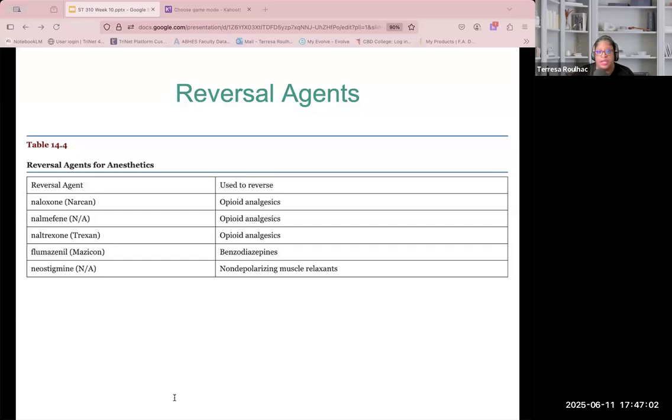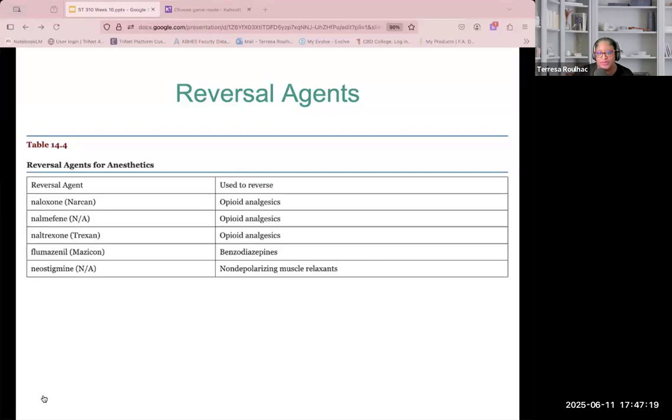Now, these are going to be really important, especially for our anesthesiologists or anesthesia providers when the procedure is a lot shorter than expected. And now we're ready for this patient to start waking up.